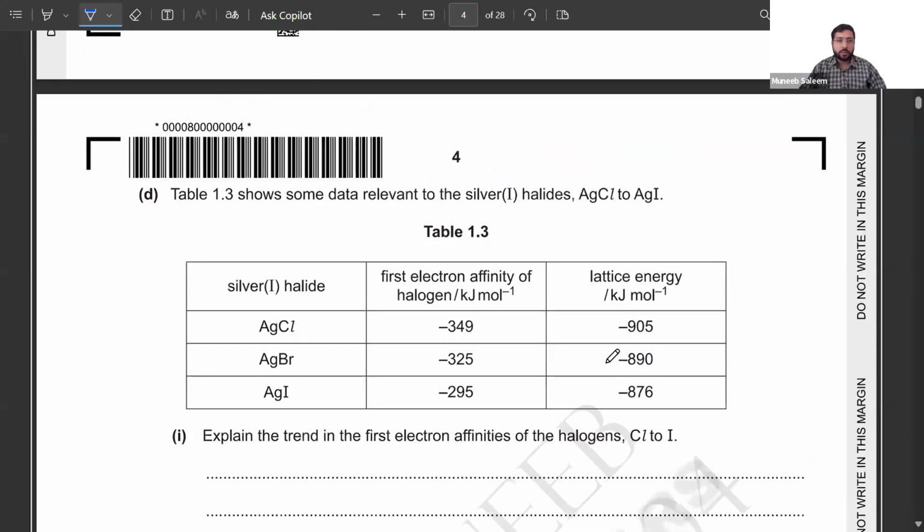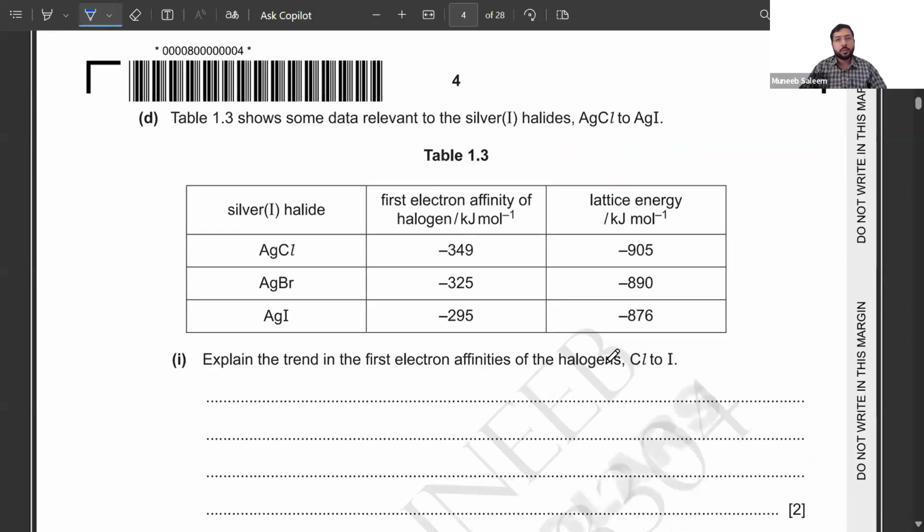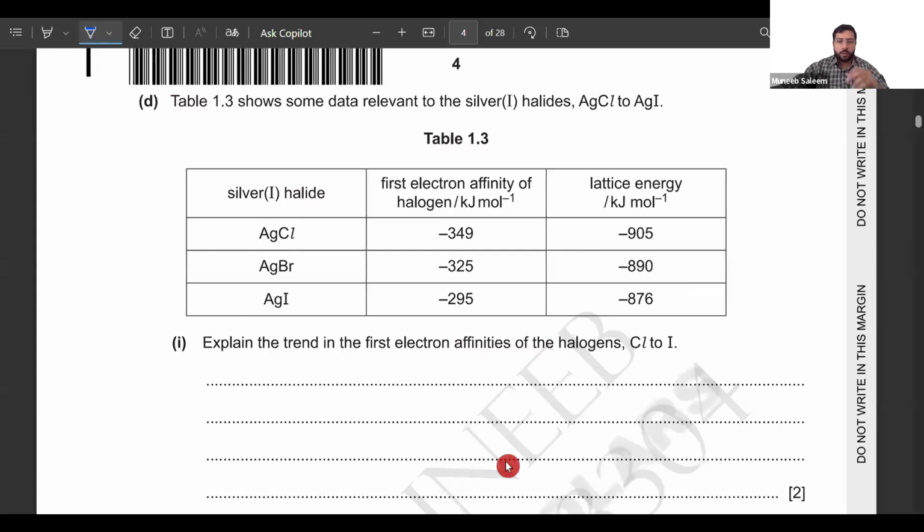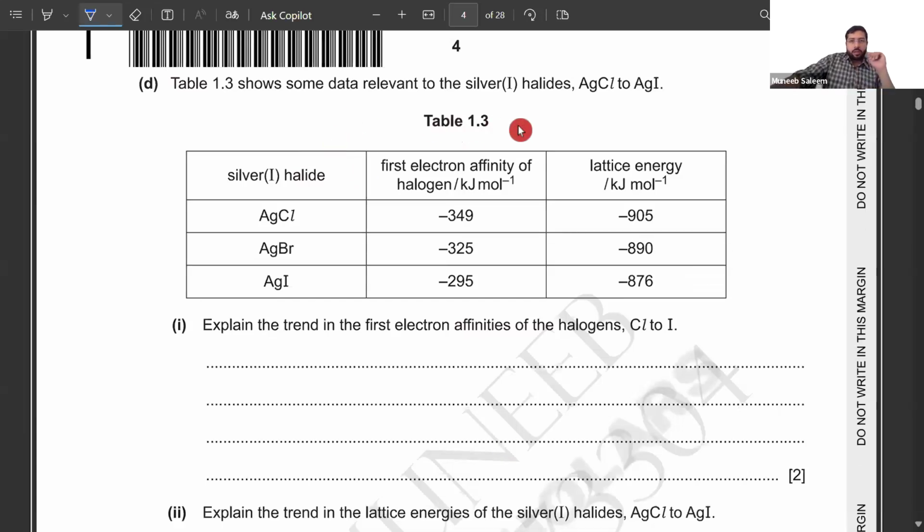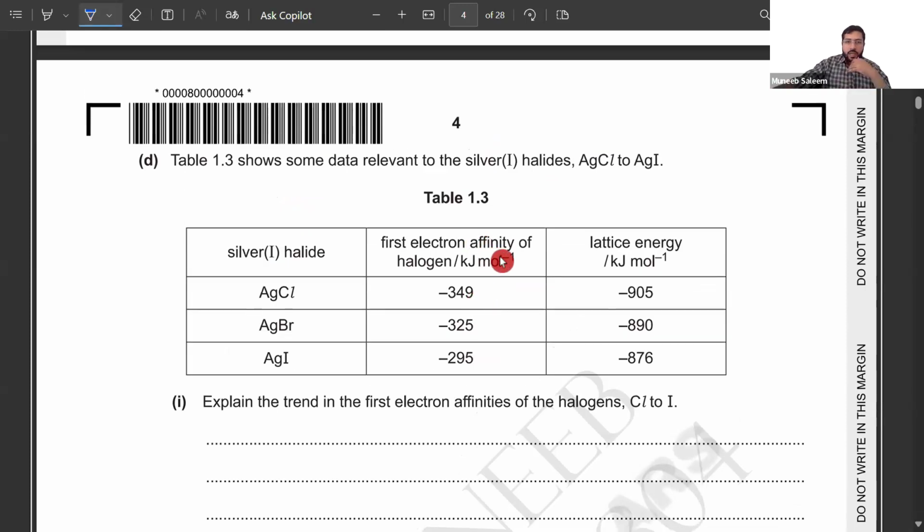Now the next part: table 1.3 shows some data relevant to silver chloride. Explain the trend in the first electron affinity of the halogens chlorine to iodine. If we look at the table for silver chloride to silver iodide, the electron affinity of halogen is decreasing and lattice enthalpy is also decreasing.